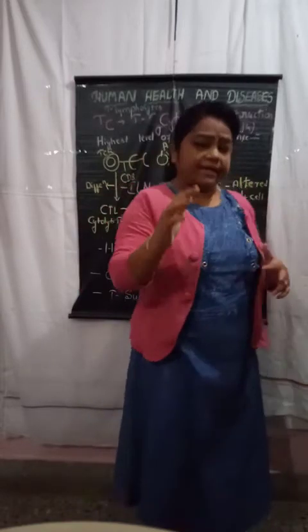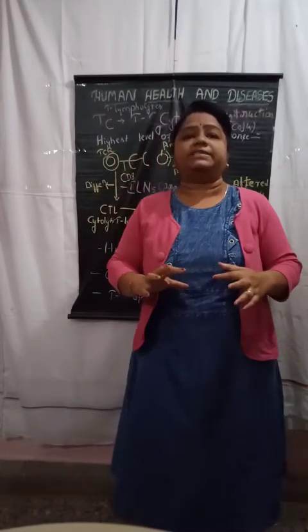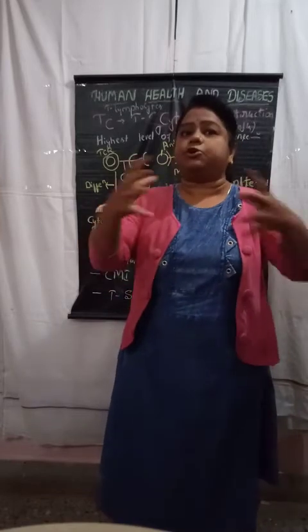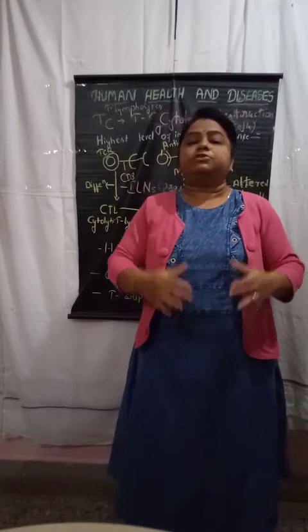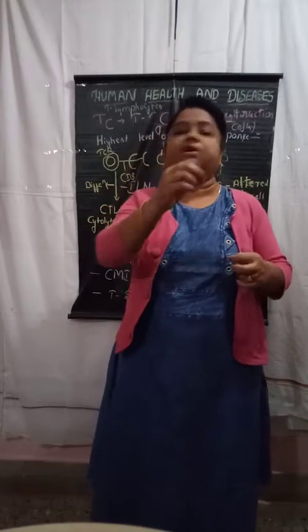If you ask me what is the highest level of immune response, my answer is: in our body there is a group of cells that we call tissues. The tissues contain thousands and millions and billions of cells grouped together. In these tissues, very few, say 10 cells, are infected.